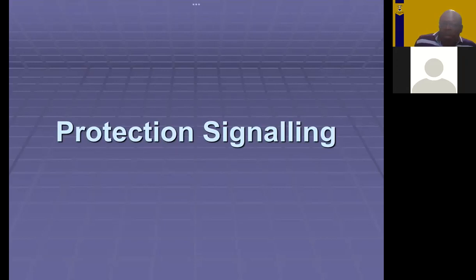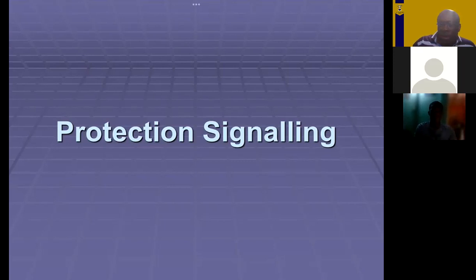signaling. So I want to talk a little this afternoon about just that, signaling, and what is required and what are some of the things that need to be considered when we look at signaling for your protection system, right?